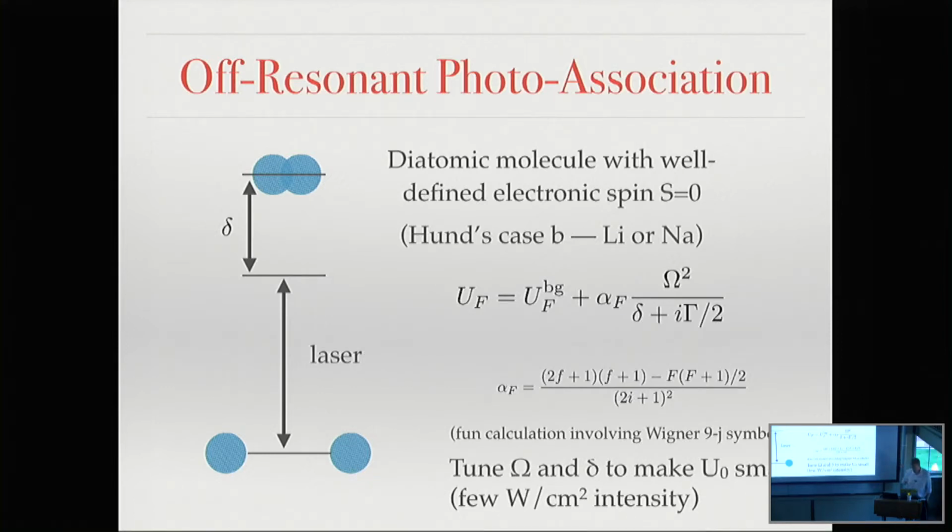We looked at some typical experiments on photoassociation, the strength of those lines and the lifetimes, and came up with an estimate of a few watts per centimeter squared should be enough to do this, though I fully admit there are lots of little things in there which probably need to be thought about harder.